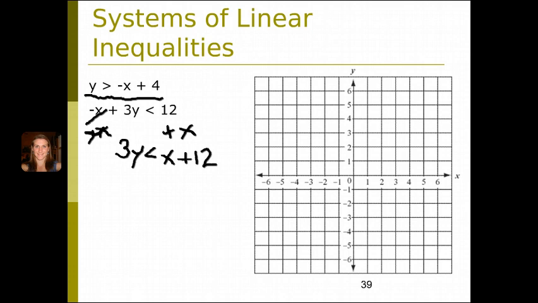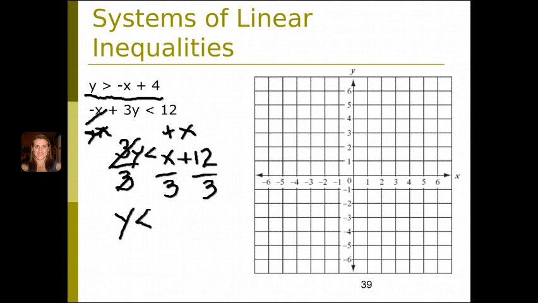One more inverse operation and we will have solved for y. Since y is being multiplied by 3, we'll divide each term by 3. This makes our 3's cancel, which leaves us with y. Our inequality symbol comes down as is, it does not change.